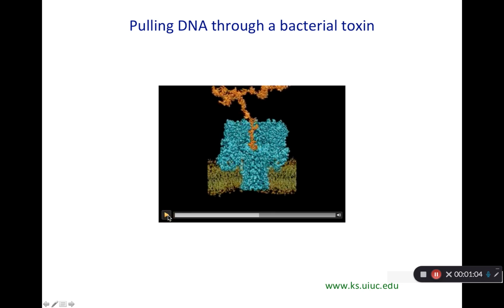So what you see here is a lipid membrane, and inside it is a bacterial toxin shown in light blue, and this bacterial toxin has a hole in the middle. Here an electrical potential is being applied across the membrane to pull the DNA through. Because DNA is negatively charged, it will respond to an electrical potential. The DNA is shown in orange.